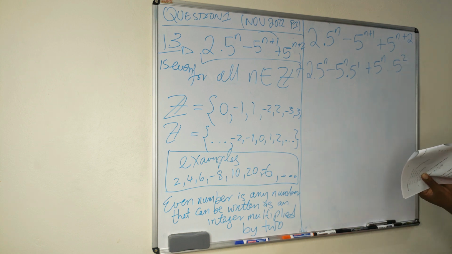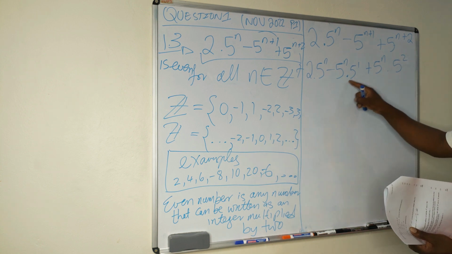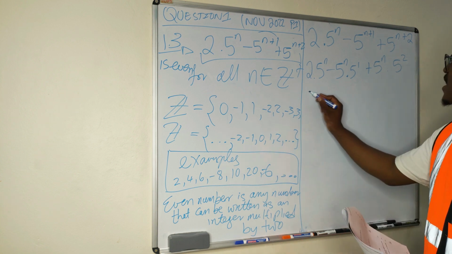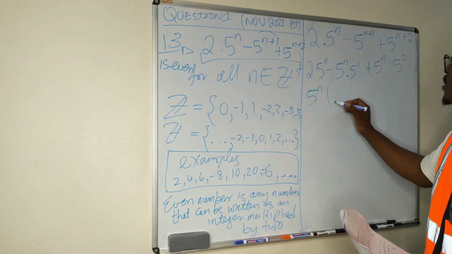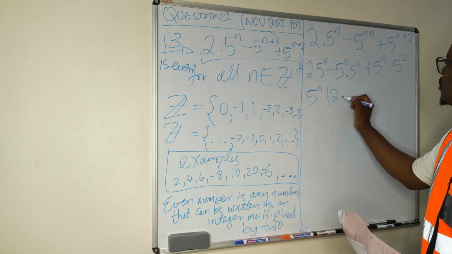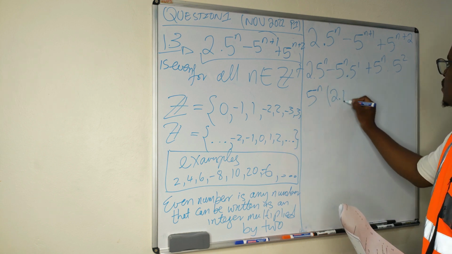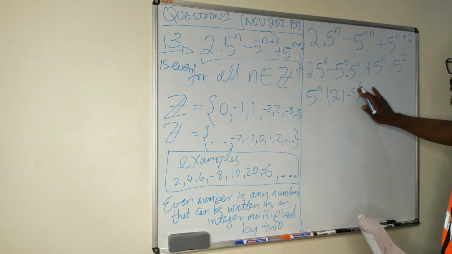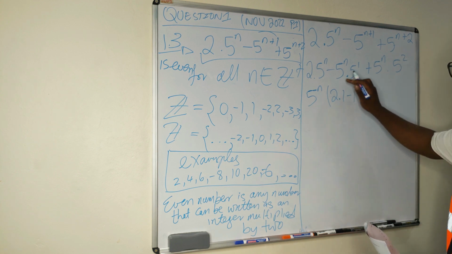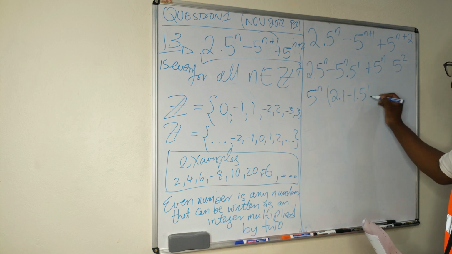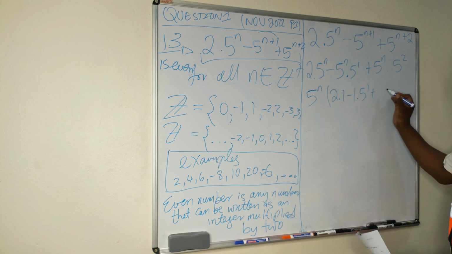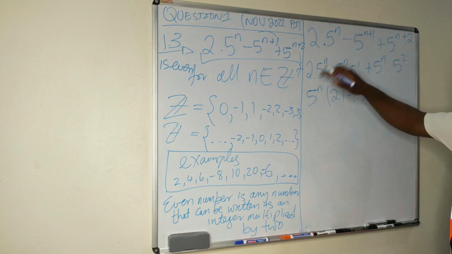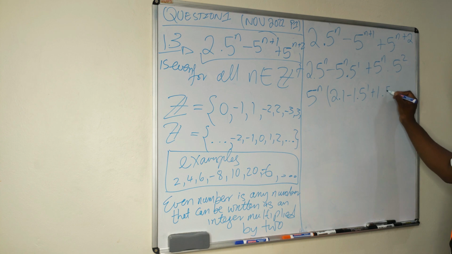So when you're here, you can take out our common factor, which is 5 raised n. So here we're left with 2 times 1, minus 1 here times 5 raised 1, plus 1 here, because this has been taken out as common factor, times 5 raised 2.